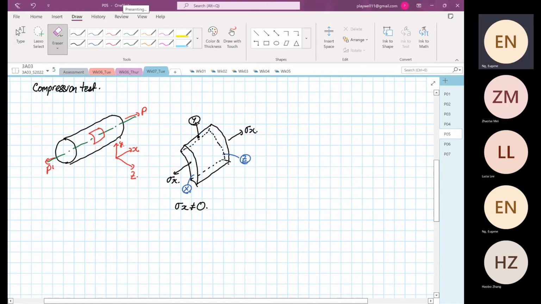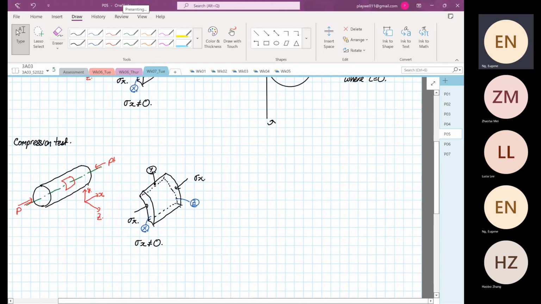So now rather than it pulling outwards, I have it pushing inwards now. And then I just need to flip the direction around. Right, that is our stress X.